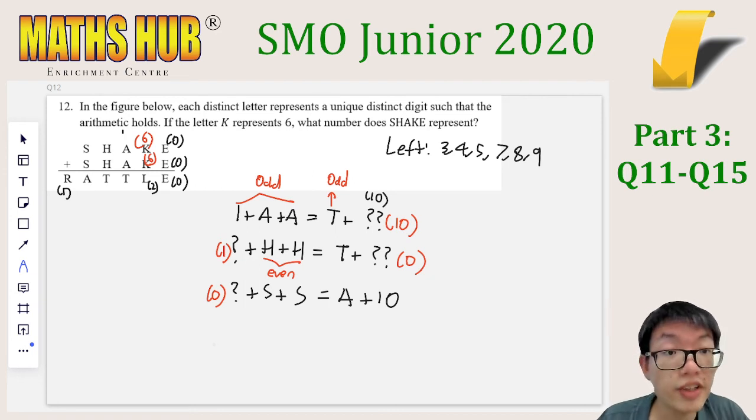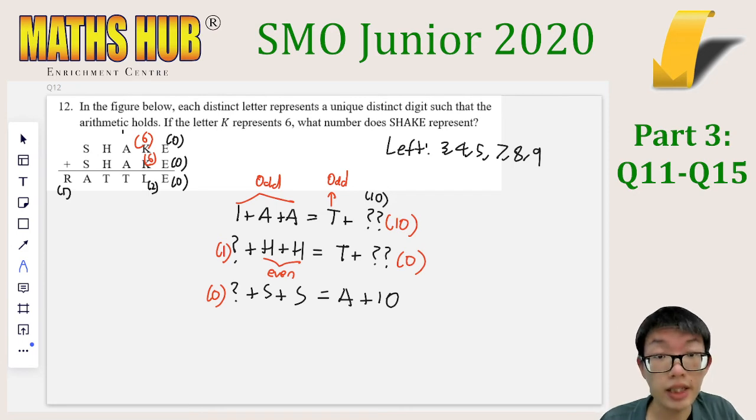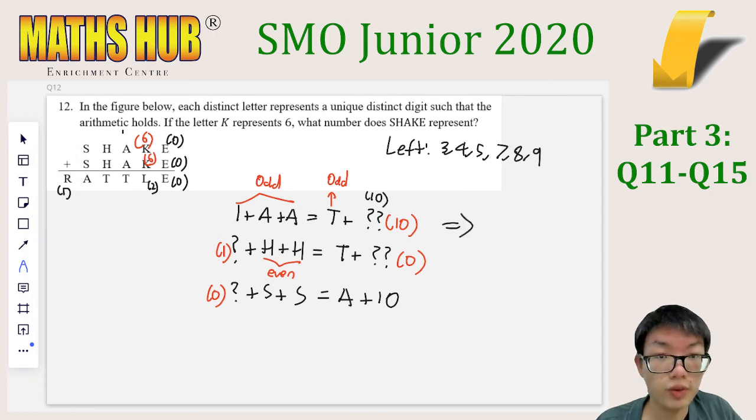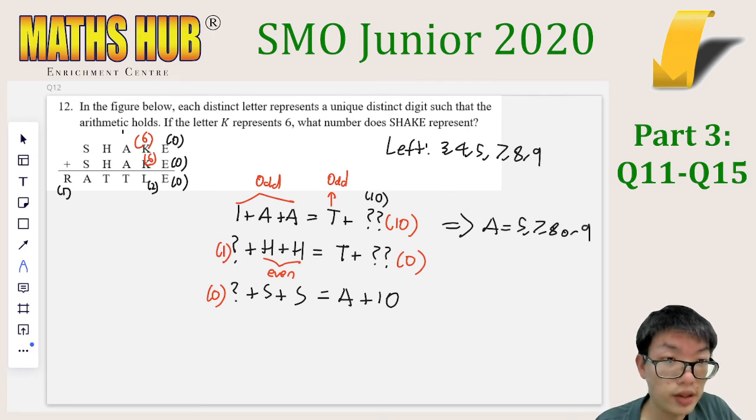So that doesn't leave us with too many things to consider, because 1 plus A has to carry over 10. So A can only be 5, 7, 8 or 9, because you need a carryover. However, in the last one, S plus S equals A plus 10.